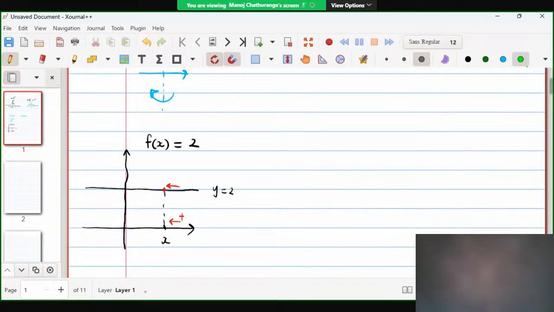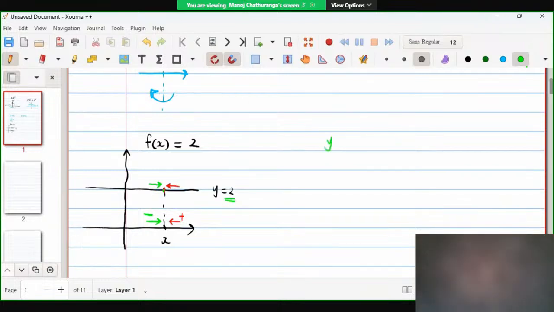Now let's say you go to x from the left-hand side. Now you're approaching the same point from the left-hand side. The common value, the two-sided limit exists and it is 2. So for a constant function, left and right limit won't be a problem. The limit always exists and the common limit is the constant.